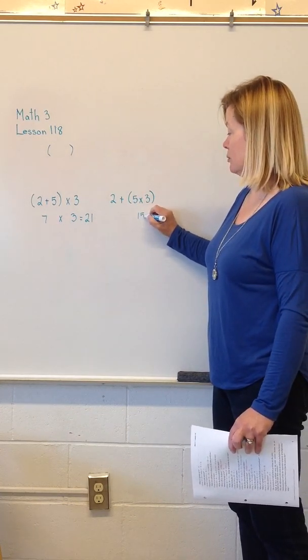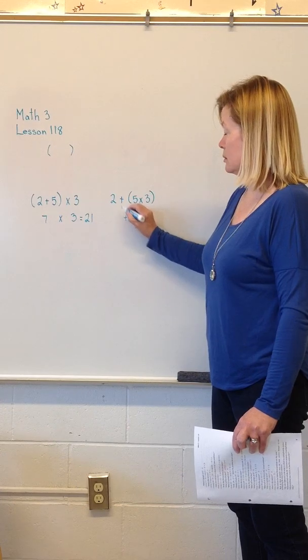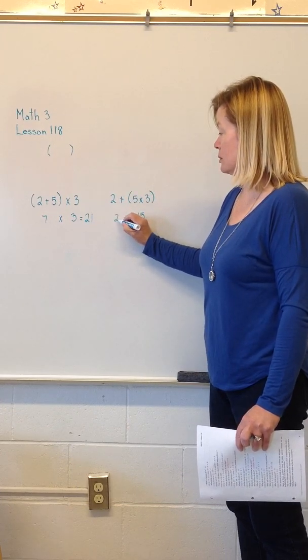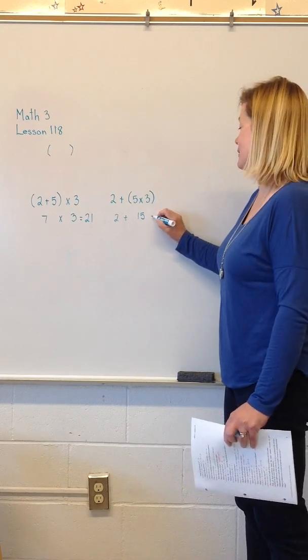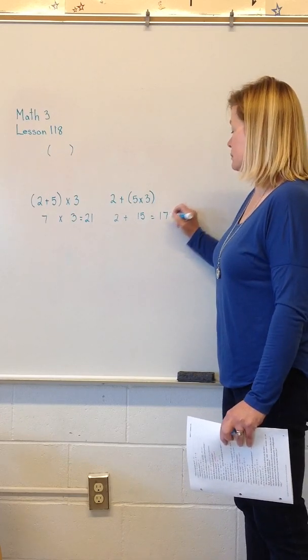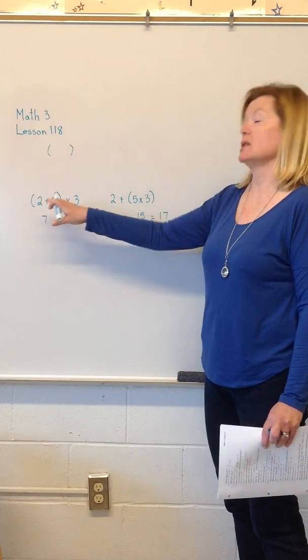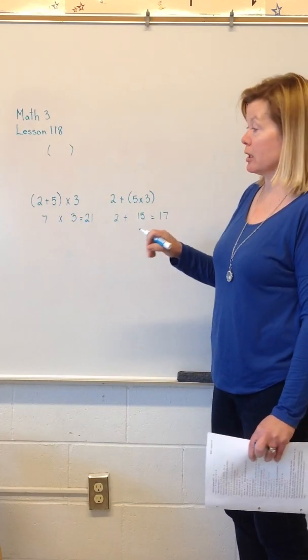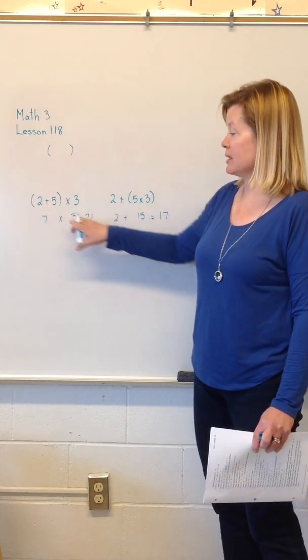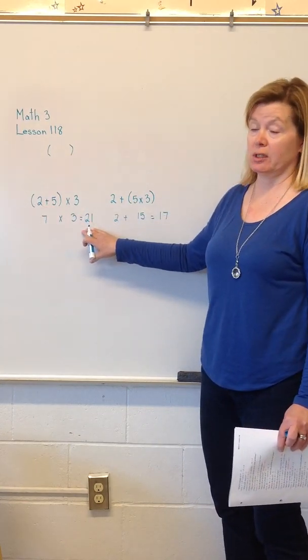That's 15. And we're just copying this. 2 plus 15 is 17. So we use the same digits and the same math symbols in the same order, but because we have parentheses, our answer is different.